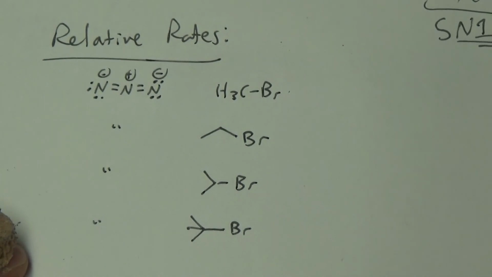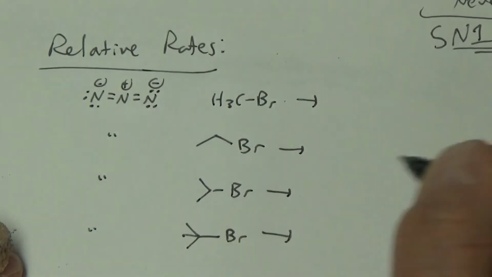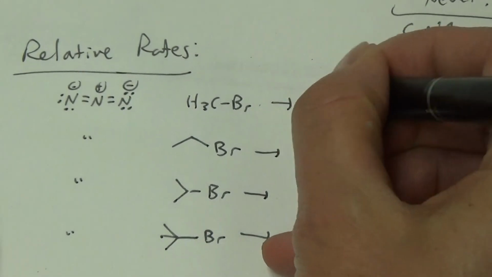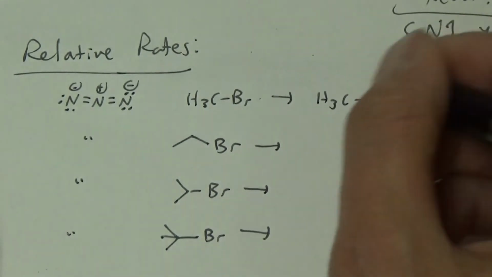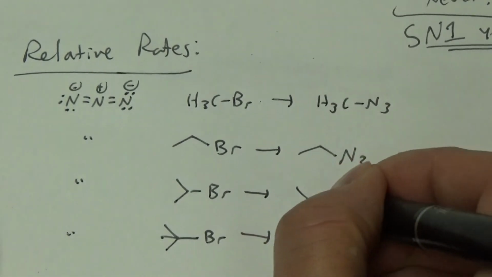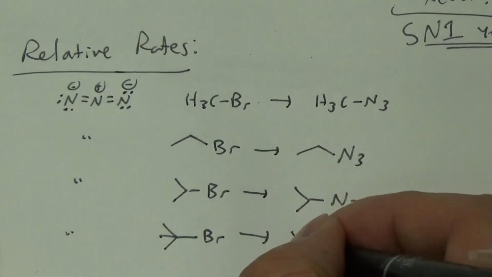And I consider what are the products? So we have methyl N3, methyl azide, versus ethyl azide, versus isopropyl azide, versus tert-butyl azide.